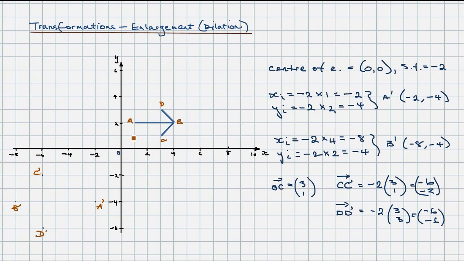Okay. So start with C. And now with D to D prime. Goes through here, down to here. We've got A to A prime. And finally B to B prime.